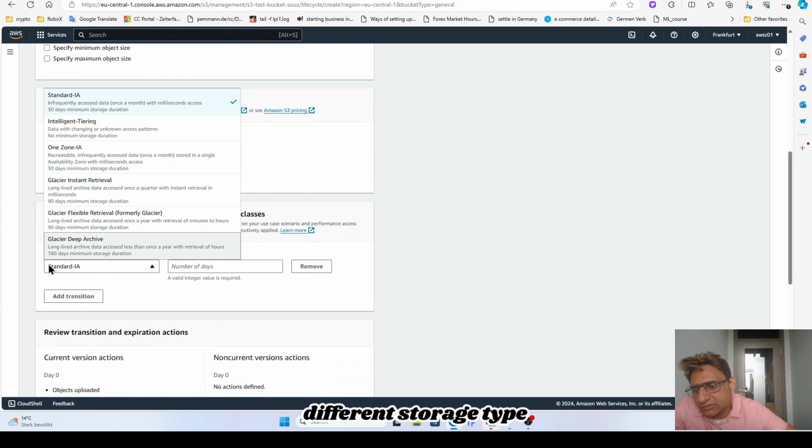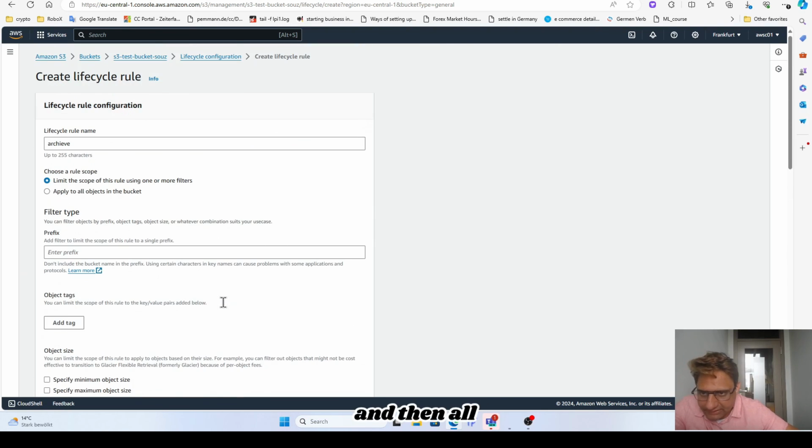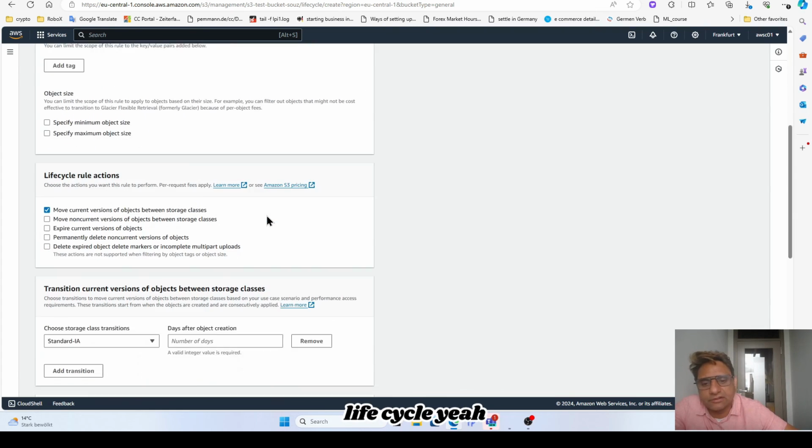These are the different storage types we have discussed earlier. You can select one of them here. For example, I want to move it to Intelligent or whatever. And then all the objects which are in this test bucket source will have this lifecycle rule.